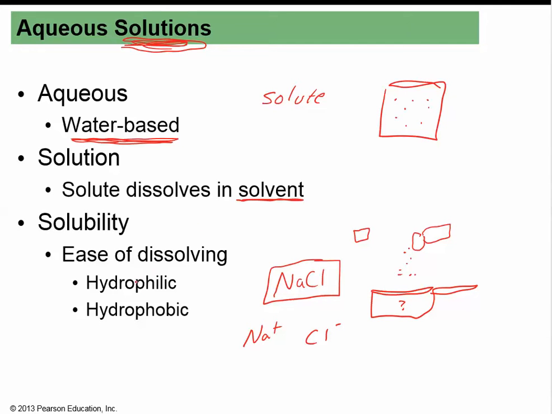Whether or not something dissolves in water is dependent on whether it is hydrophilic or hydrophobic. Something that is hydrophilic will dissolve in water, and something that is hydrophobic will not dissolve in water. This comes back to the polarity of water, which is why I stressed this so much before.